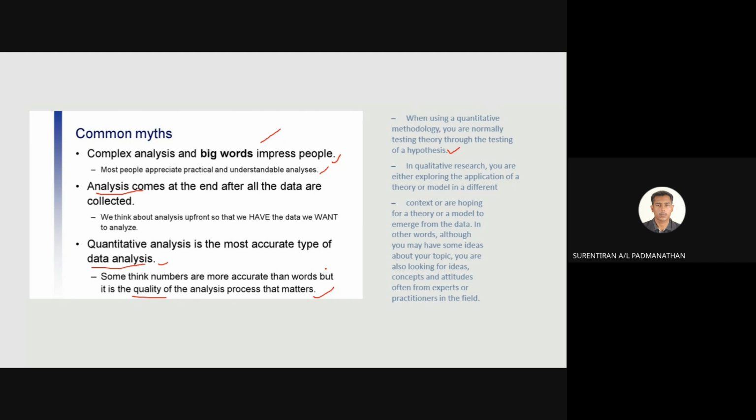Your thesis will be evaluated by your supervisor and your panels. So make sure they understand what you want to present. If you make it too complex, until they don't understand what you do, it will become very difficult for you.